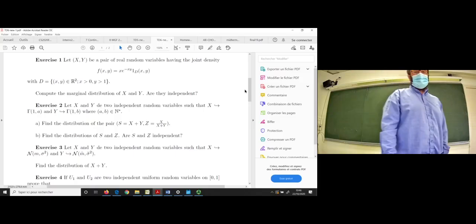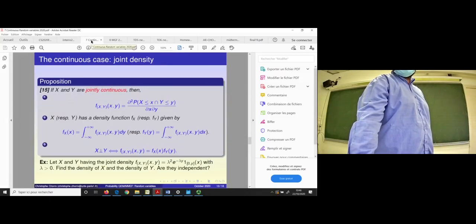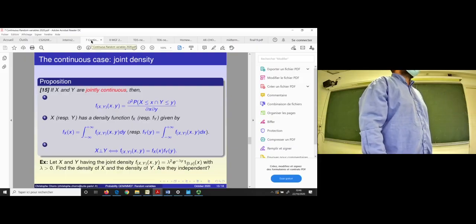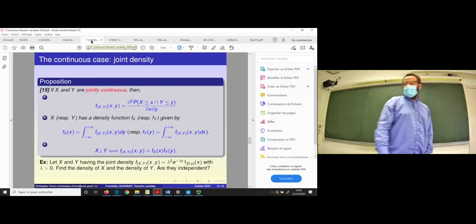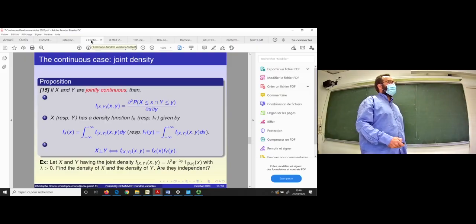So a priori, to do this one, it's this one that you have to use. But if I give you a joint density, you can deduce the density of each component computing the partial integral, okay? And to check if I have independence, I just have to check if the joint density is the product of the density function of each component.